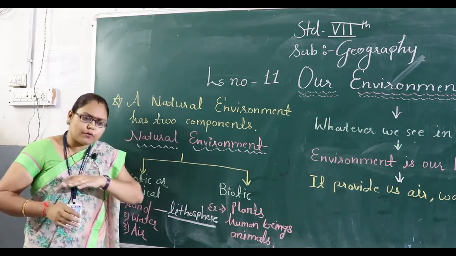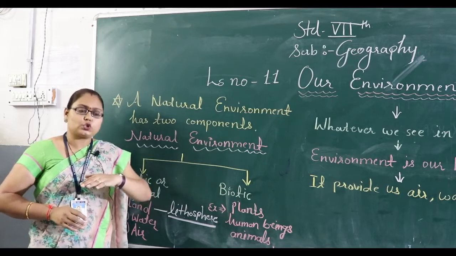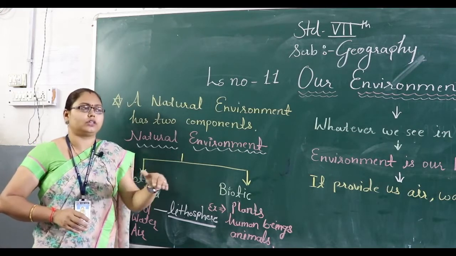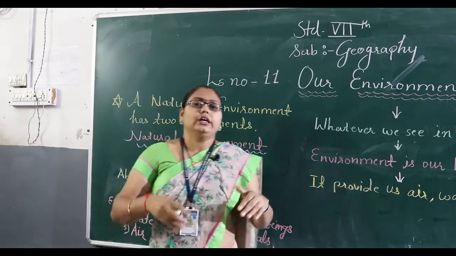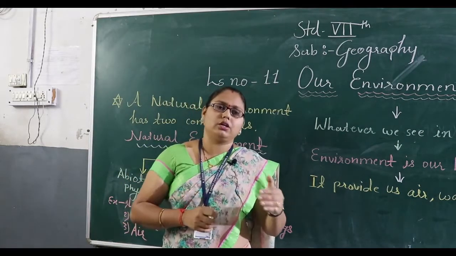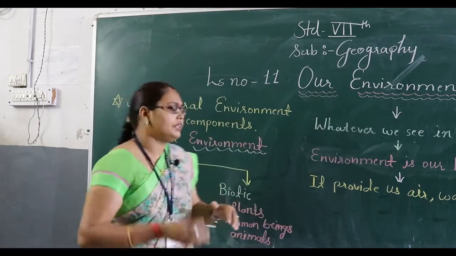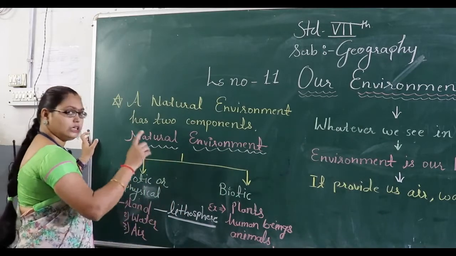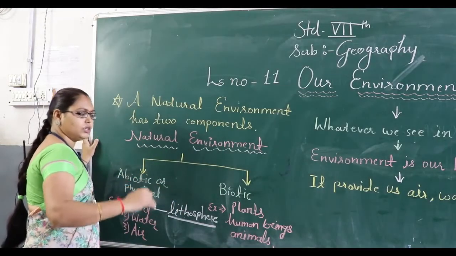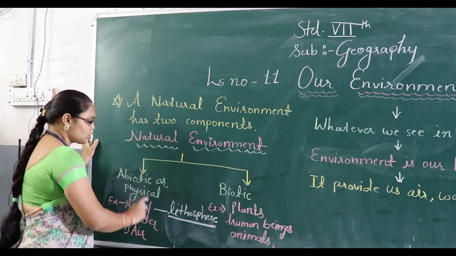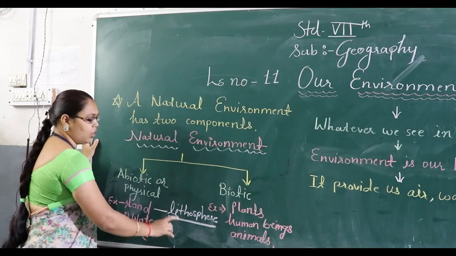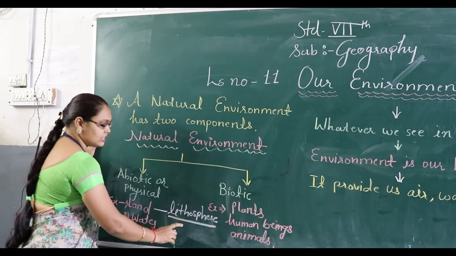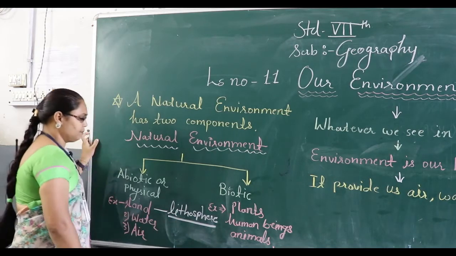Solid crust means the top area or top layer of the earth. In the second lesson of this class you will learn about the layers of the earth in detail. So land is made up of solid crust. This is called the lithosphere.